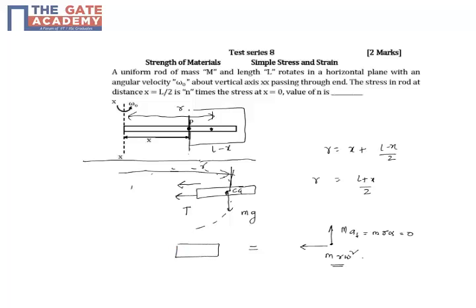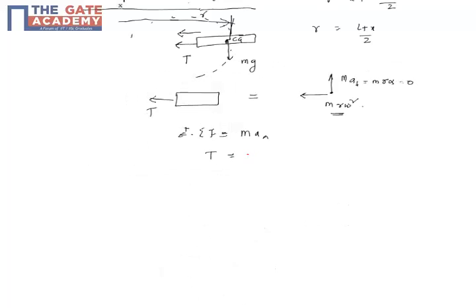If you balance the forces, the tension, taking the left side as positive, should provide the inertia force due to normal acceleration, which is m r omega square.